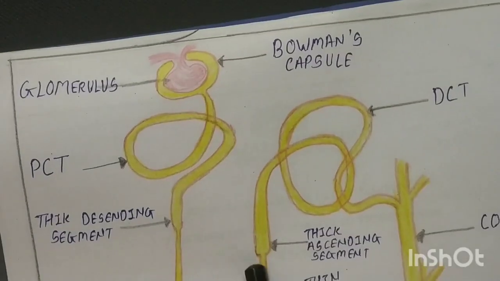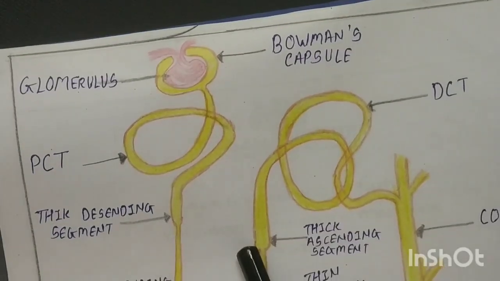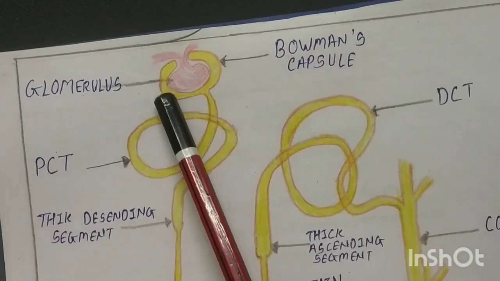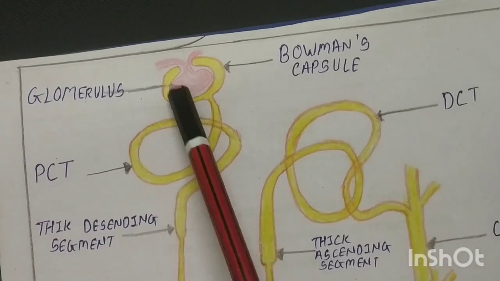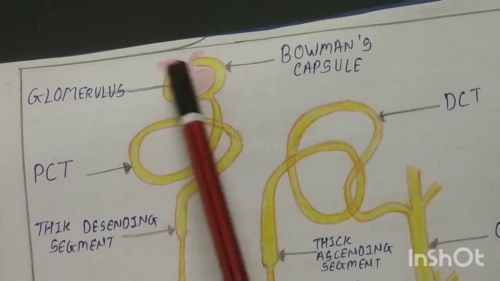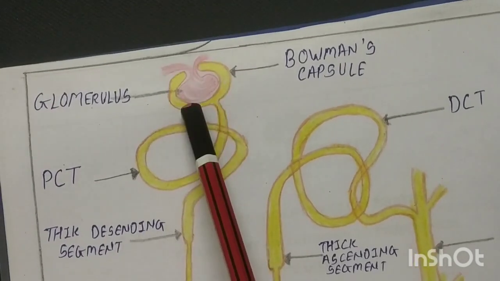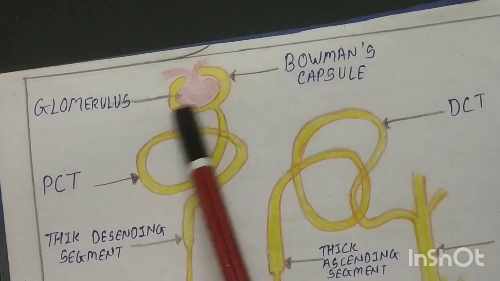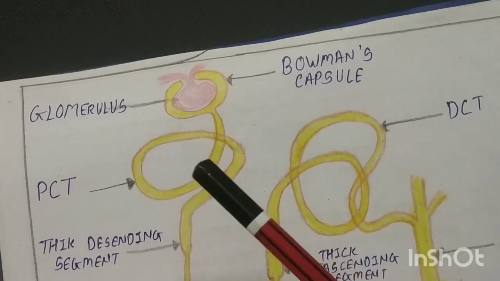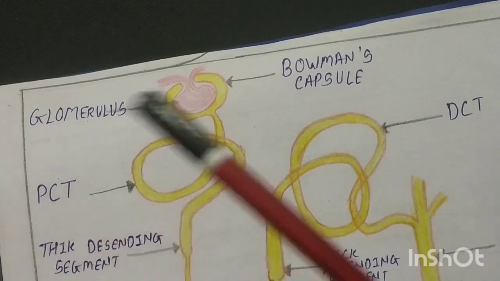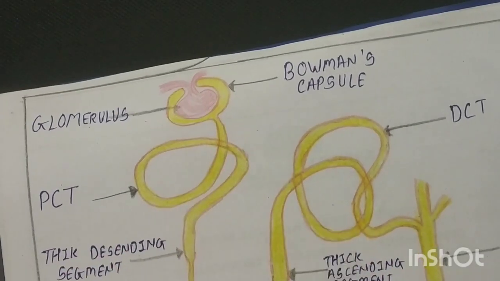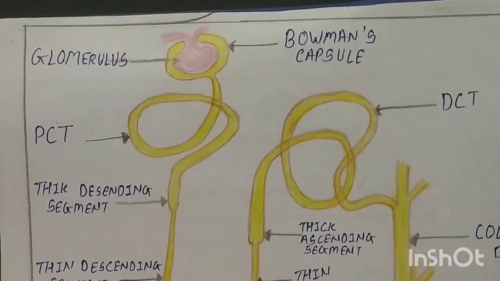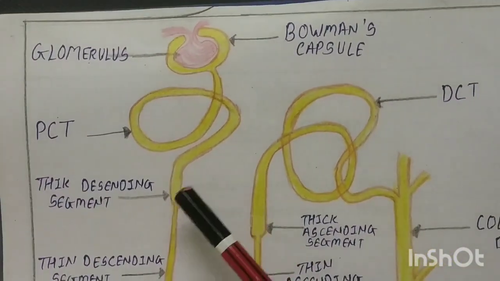Let's focus on the renal corpuscle. You can see here the glomerulus. One artery, the red thing, enters it. These red things are nothing but the capillaries, and the capillaries carry the blood, and this blood is filtered in the kidney, which is the main function of the kidney.